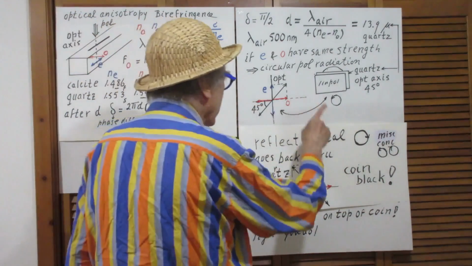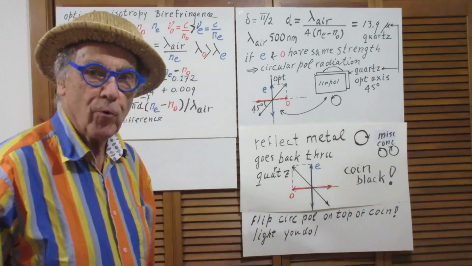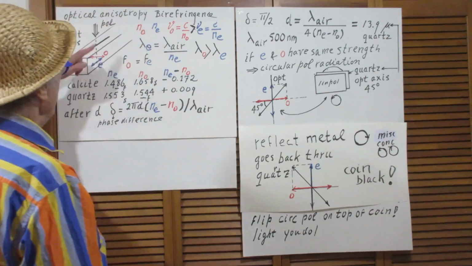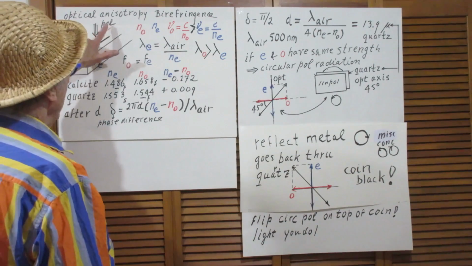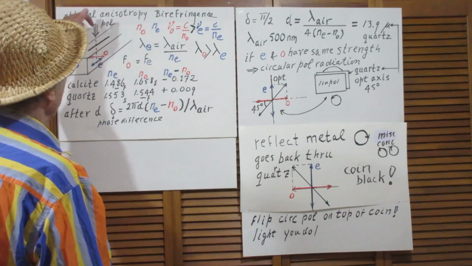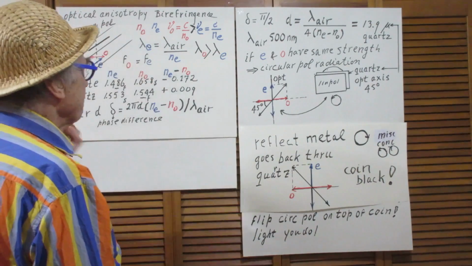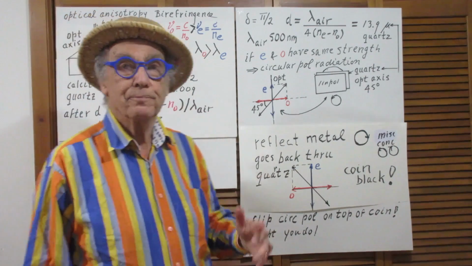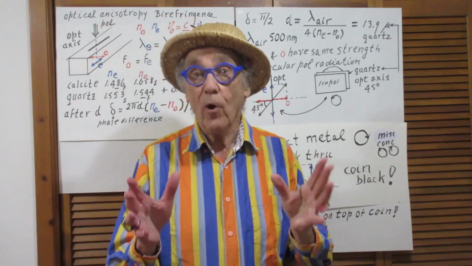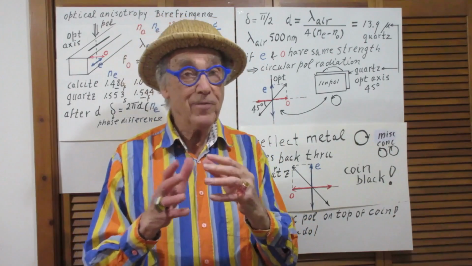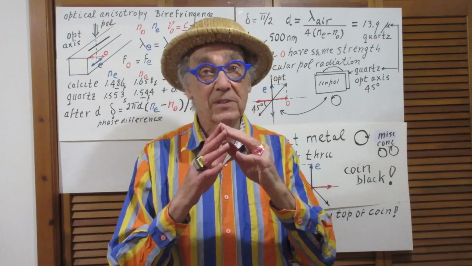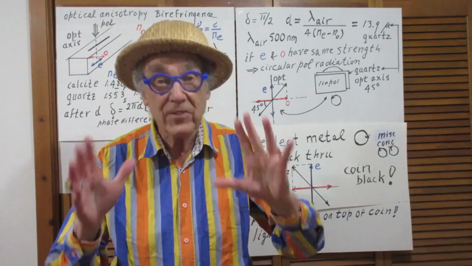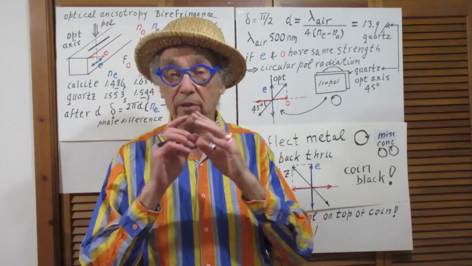Now comes something that is very important for our problem. Depending upon the direction of the linear polarization that comes in, what comes out is always, with a quarter wave plate, that the phase difference between the two is 90 degrees.